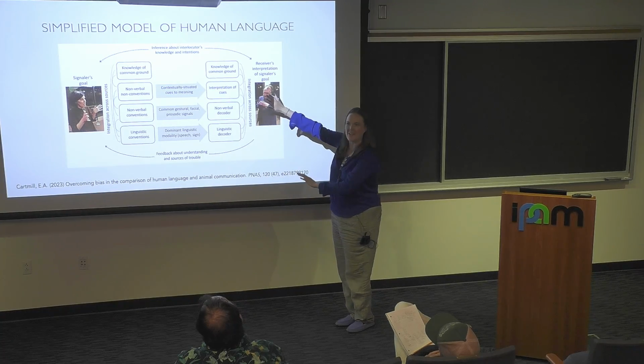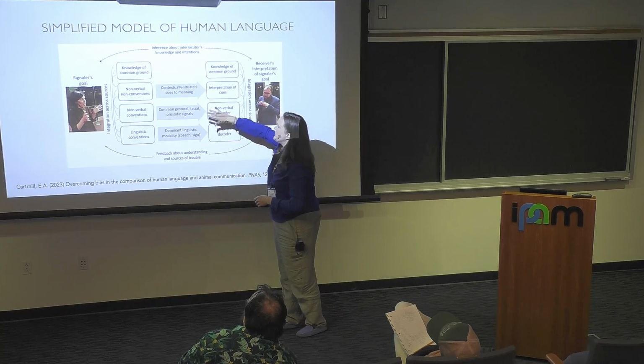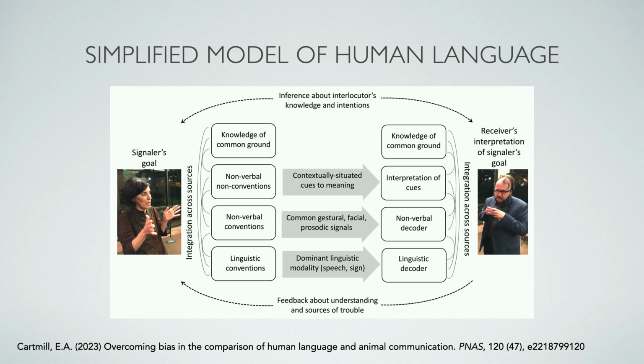I'm not saying that this accounts for human language, but just as a contrast, right? To say that there are all of these different, both conventional codes and non-codes, things that are contextually situated. People are making inferences about the other person's ideas, knowledge, and intent.